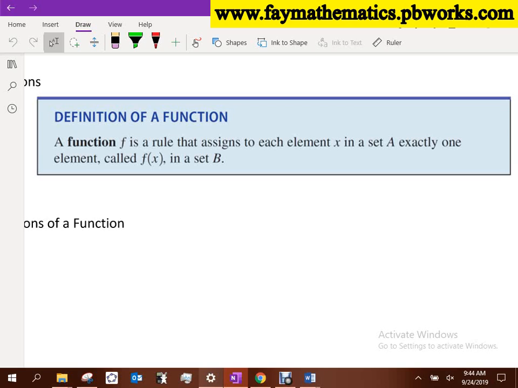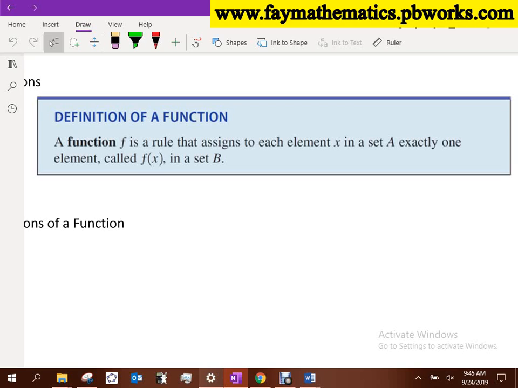A function, simply stated, is a rule that assigns to each element x in a set A. Remember, a set is just a collection of things. What we're usually going to think about is that our set A is the real number line. It's the x-axis, is the way we usually think about it.